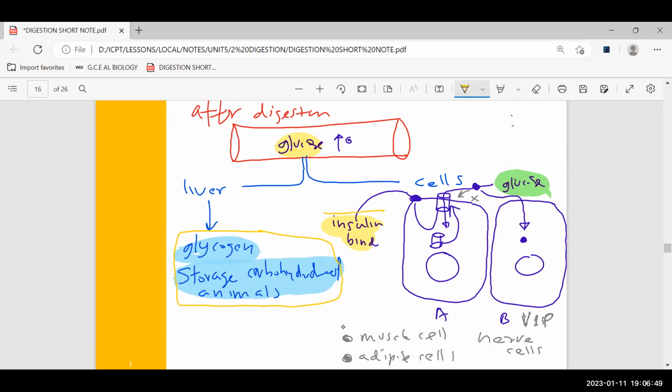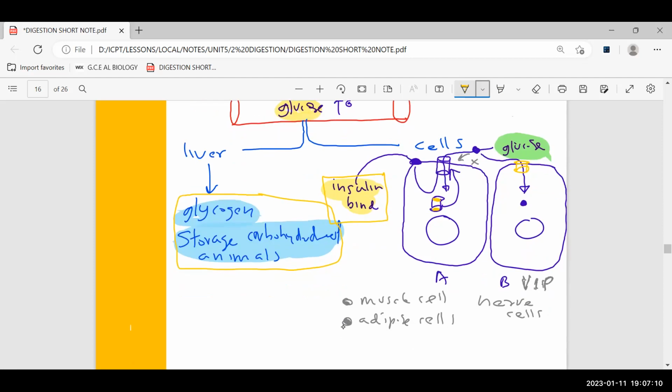And many cells need insulin to push glucose into the cells because bringing this transporter to the cell surface is done by insulin. But in some cells the transporter is already there and glucose can quickly go into the cells. For example, nerve cells and some other cells like red blood cells. But muscle cells and adipose cells need insulin.